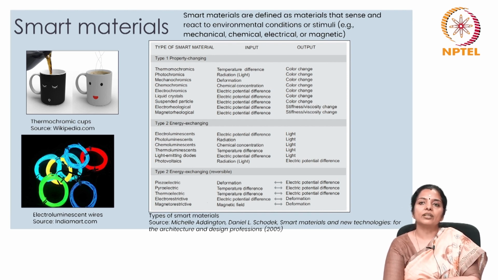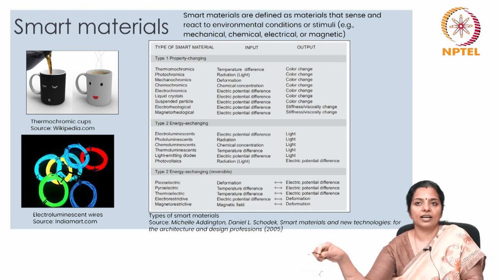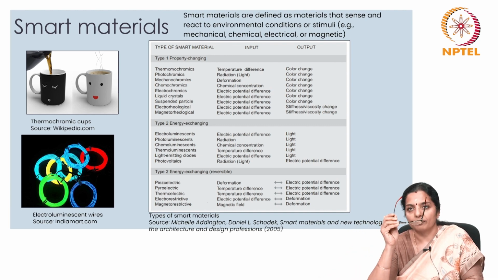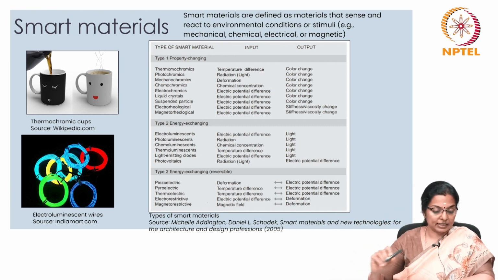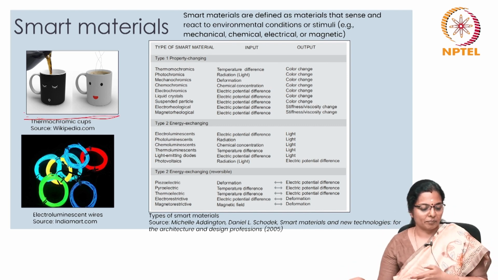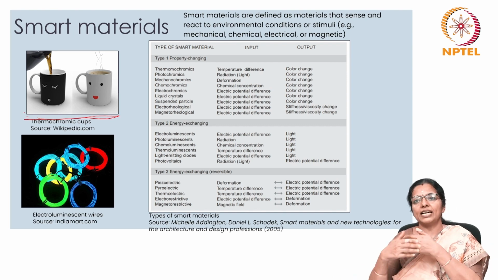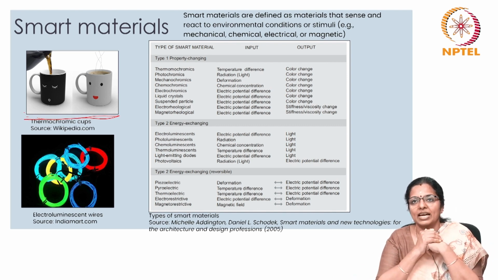For example, thermochromic coffee cups. Now, these cups change their colors when filled. So, these are an example of a thermochromic cup, which indicates whether the coffee mug is filled or not.